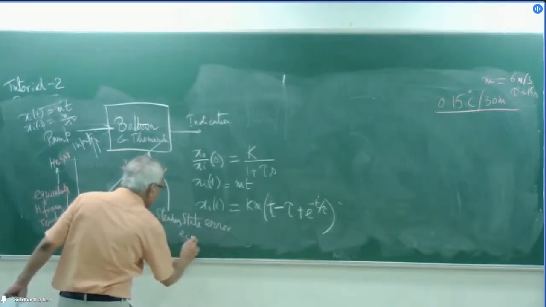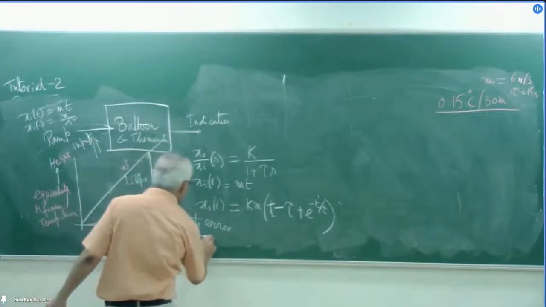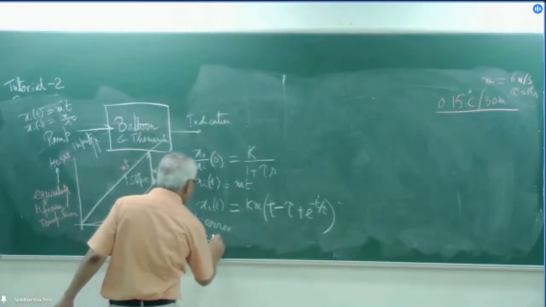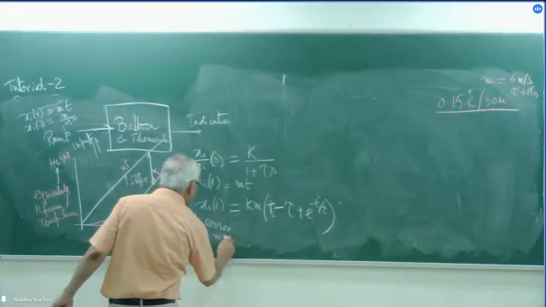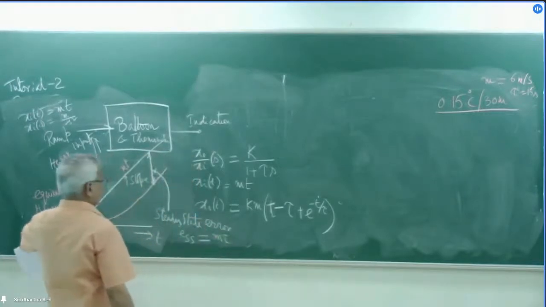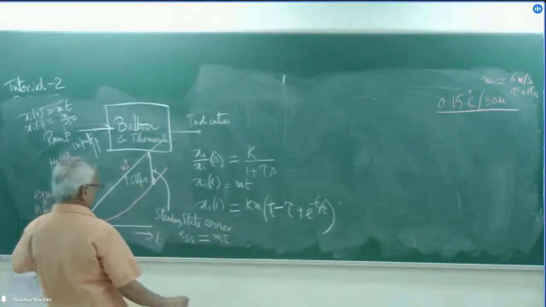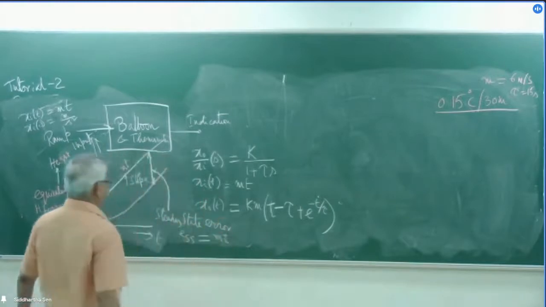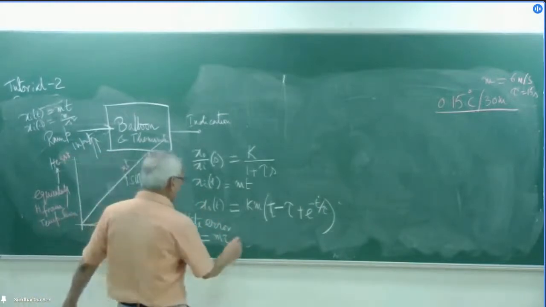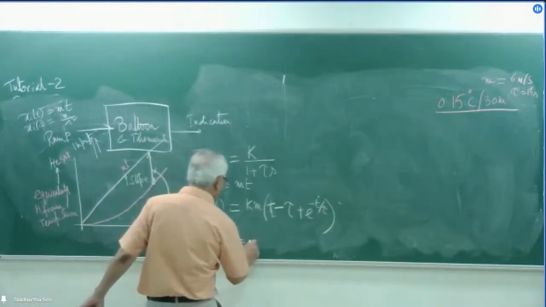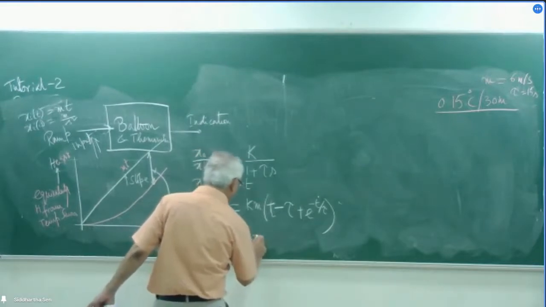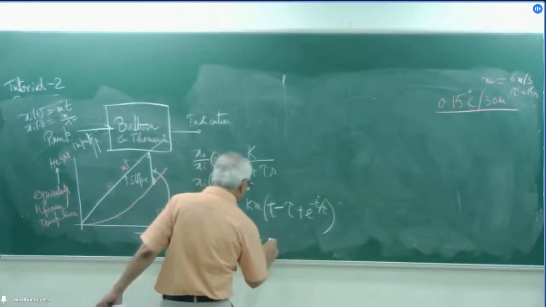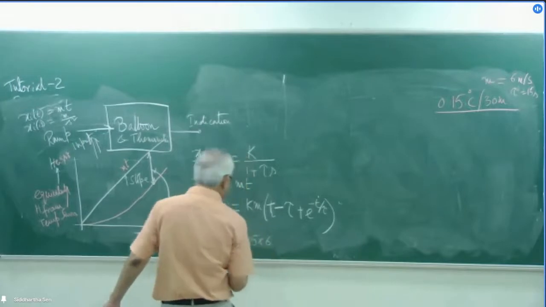That is ESS. What is the steady state error? It is equal to m into tau, because I have already gone through the equivalent height. So it is m into tau. What is m into tau? It is equal to 15 seconds tau into 6 meter per second.